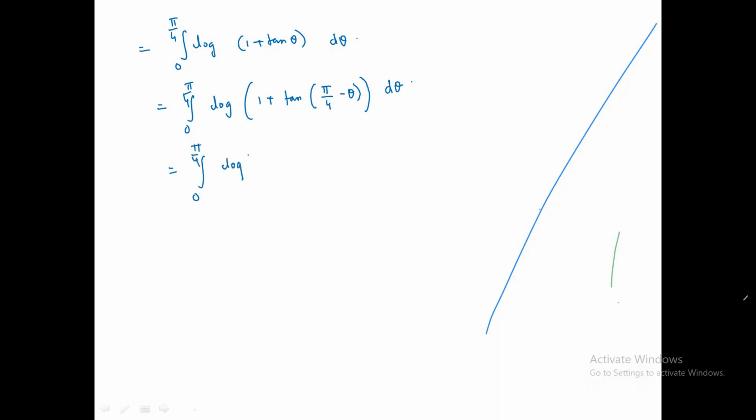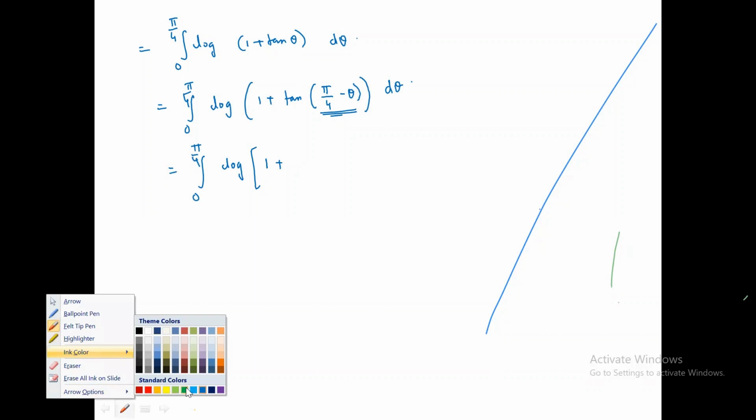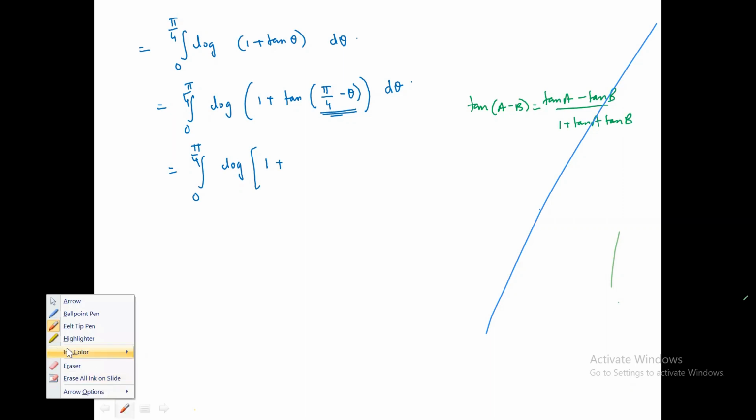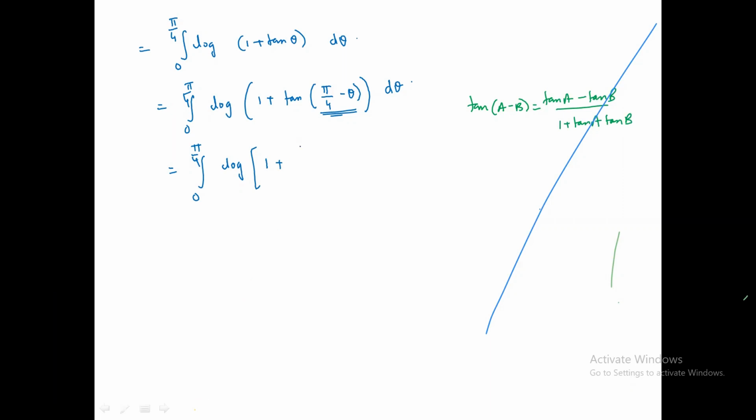If I write like this, what is the use? I can use the tan a minus b formula. What is the tan a minus b formula? It is tan a minus tan b by 1 plus tan a tan b. This formula will be very helpful for me. So all these I did because of that.